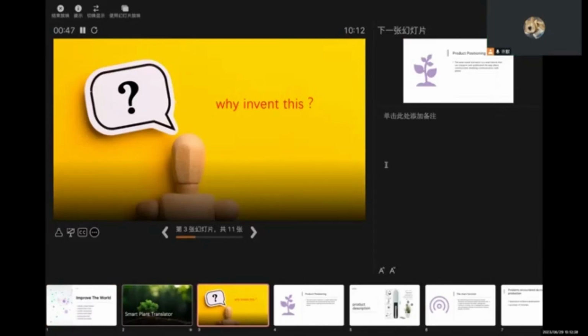A plant translator is a device to translate information from plants into language or other forms of communication that humans can understand. Plants transmit information through chemical, light, temperature, and other environmental stimuli.